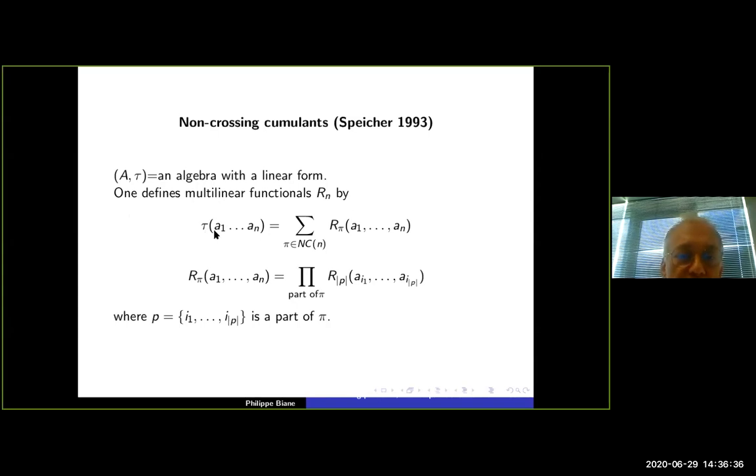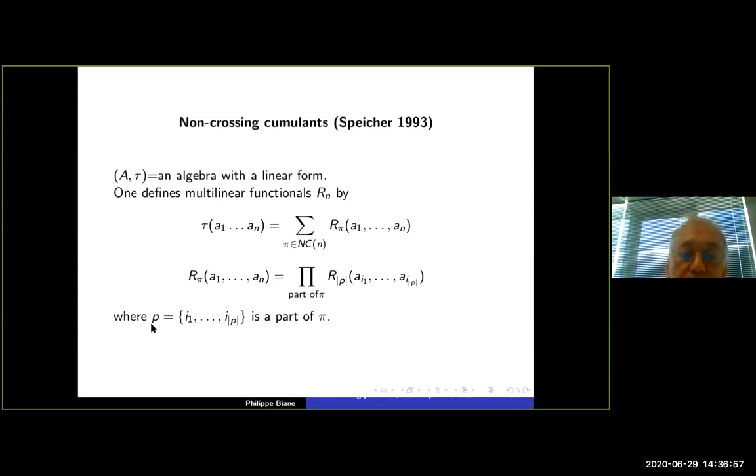The formula is the following. We have tau of a_1 ... a_n, which is a sum over all non-crossing partitions of n, where the non-crossing partitions appear, of some product R_pi of a_1 ... a_n. The product is defined in the following way. It is a product over all the parts of the partition pi.